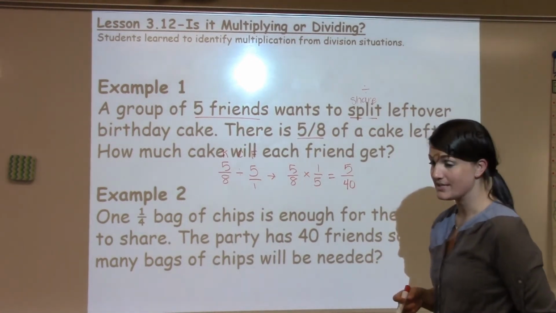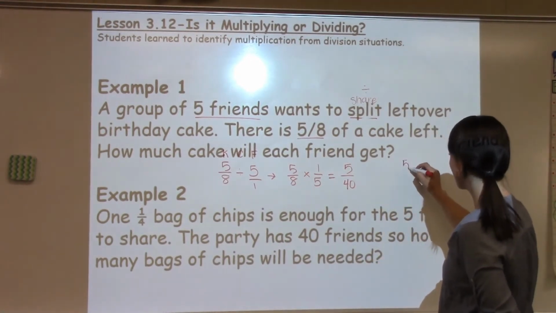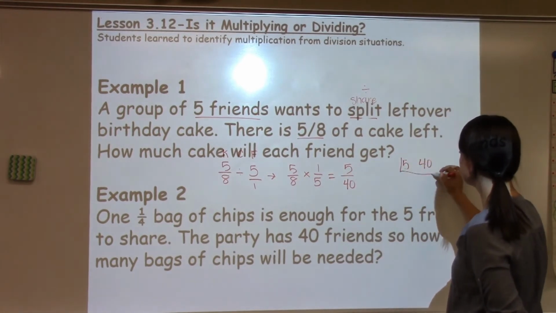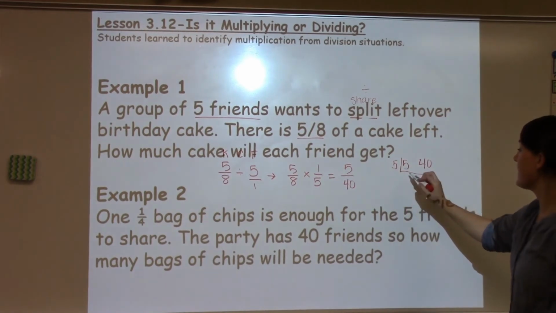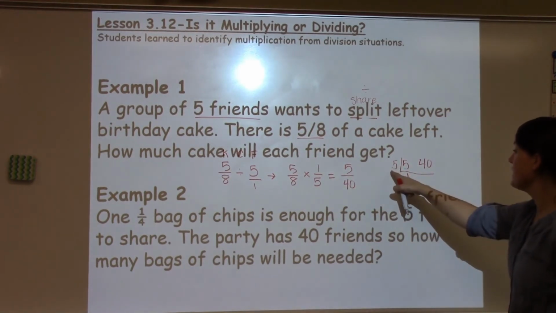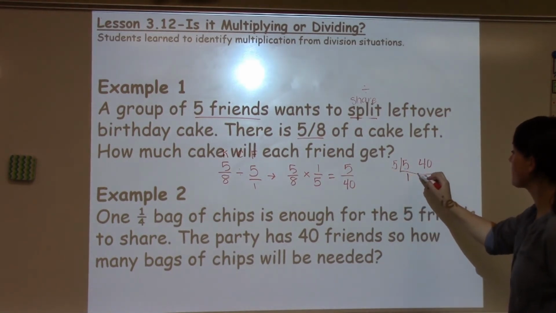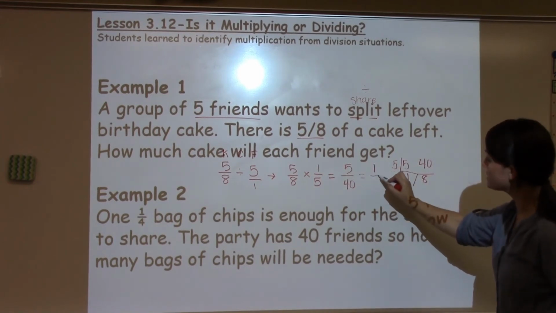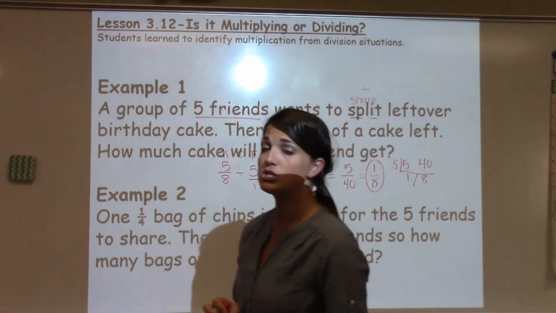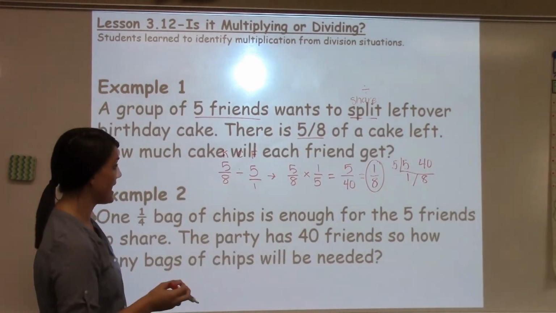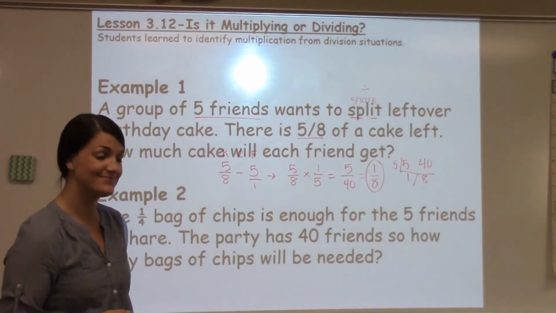But I'm still not quite done. I know that 5 and 40 can both be reduced because I can pull a 5 out of each. 5 times 1 gives me 5, and 5 times 8 gives me 40. So my best answer for this problem is actually 1/8. Each friend would get 1/8 of a piece of the cake.